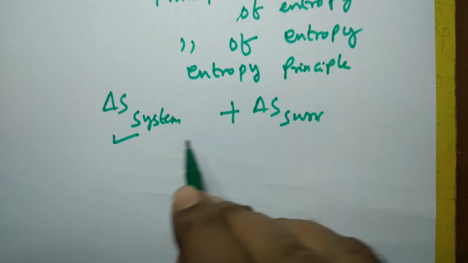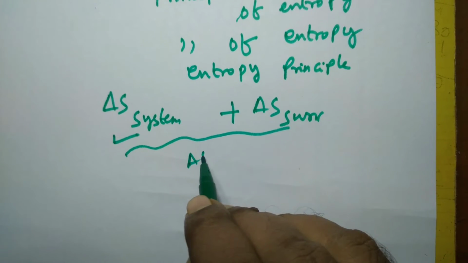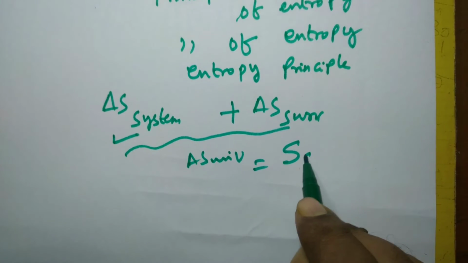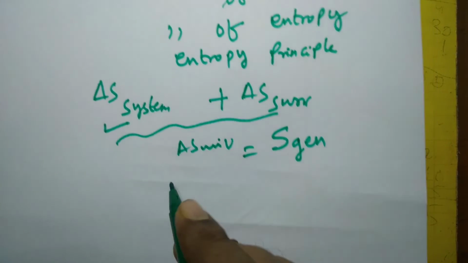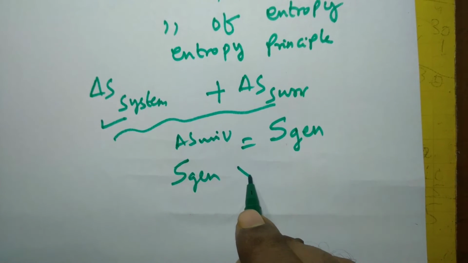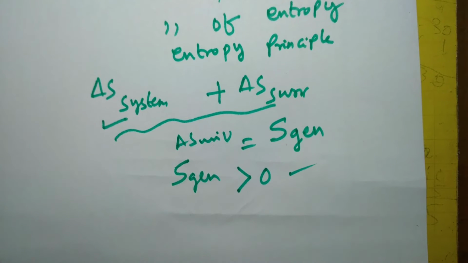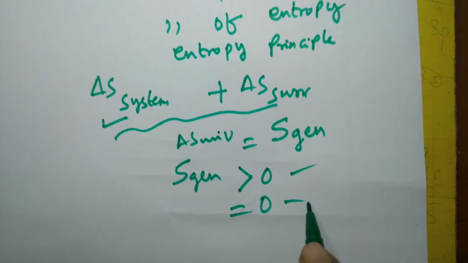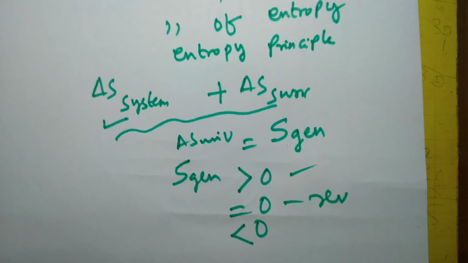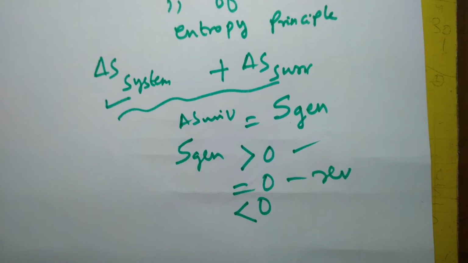We find delta S universe, which is also equal to the entropy generation. Entropy generation is greater than 0 for an irreversible process, equal to 0 for a reversible process, but it can never be negative. Entropy change can be negative, but entropy generation cannot be negative.